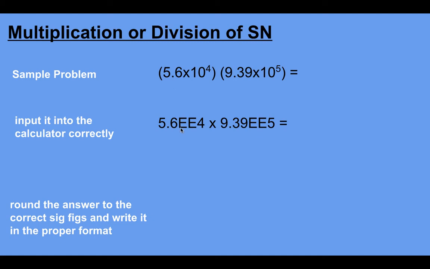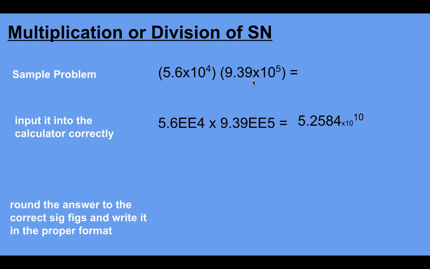You want to enter that properly into your calculator: 5.6 EE4 times 9.39 double E 5. When you hit the equal sign, you get 5.2584 times 10 to the 10th. So now you have to do sig figs. Go back up to your original numbers. 5.6 has 2 sig figs. 9.39 has 3 sig figs.